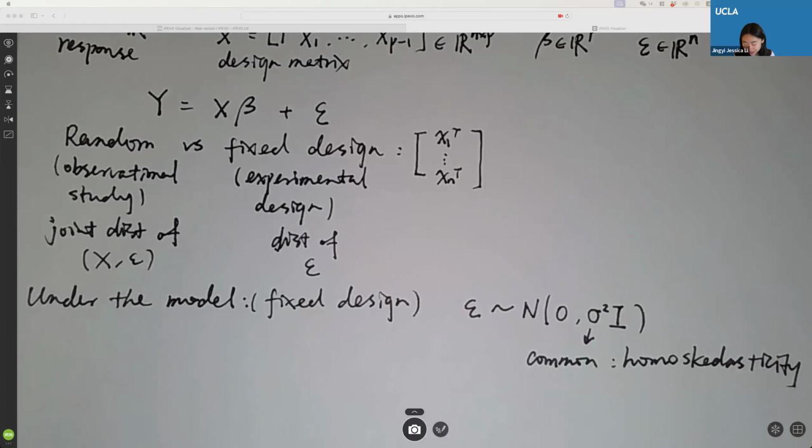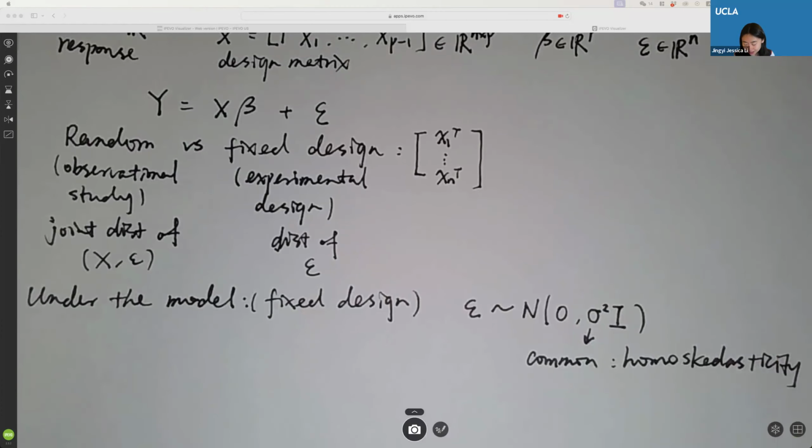These are for beta, but don't forget that in this linear model, which I'll write again as a reminder, there's another parameter, sigma squared. Both beta and sigma squared are parameters we need to specify the model. But beta is our parameter of interest because we do this modeling just to know the effects of our predictors, our features, on the response.